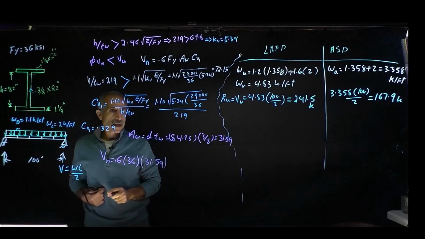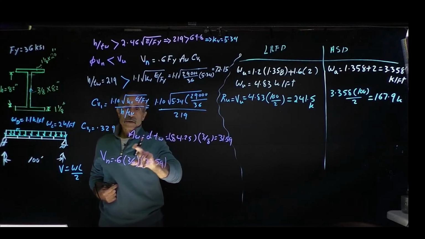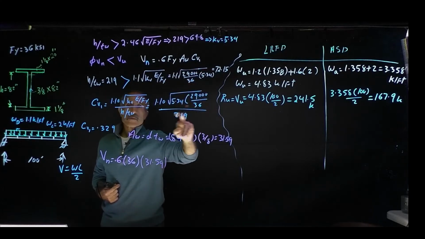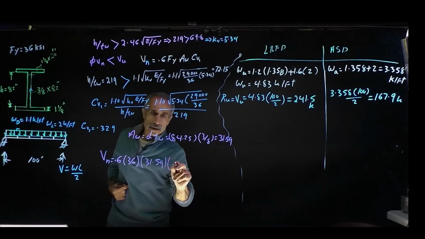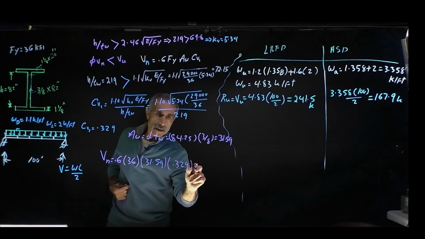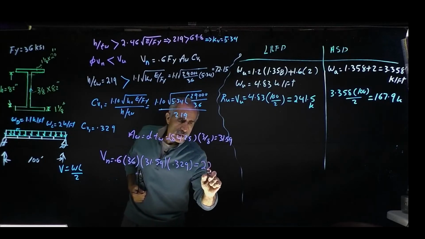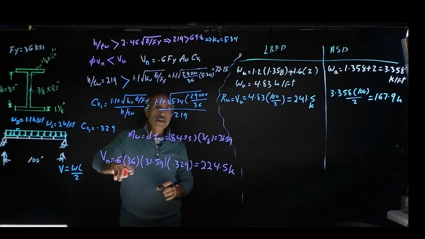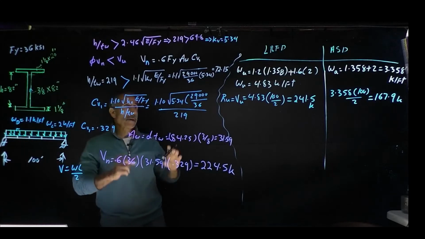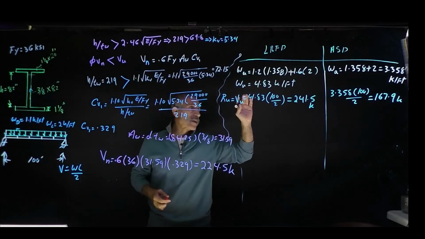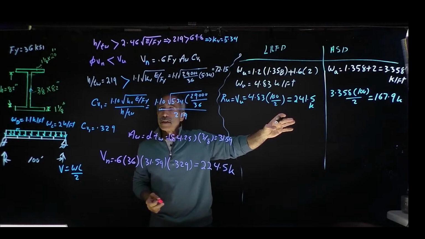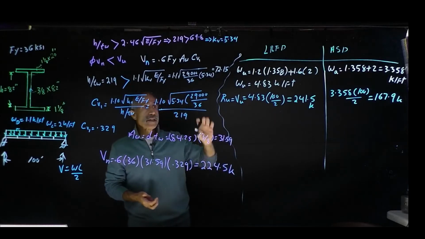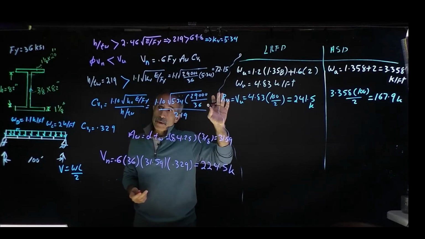So I'm going to come back and say 0.6 times 36 times 31.59, and what else we have? Aw Cv1. Cv1 came out to be 0.329, and that comes out to 224.5 kip. So now we're going to take this and apply the resistance factor and safety factor to it, find out if it's going to be more or less than the shear capacity due to applied load.